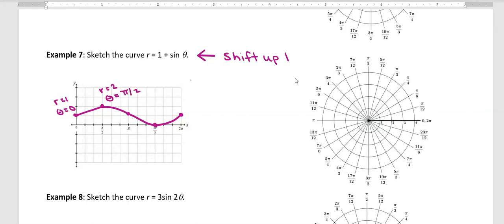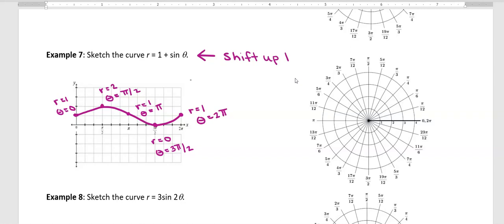This third point would have a radius of 1 and an angle of pi. This fourth point would have a radius of 0 and an angle of 3 pi over 2. And this last point would have a radius of 1 and an angle of 2 pi.